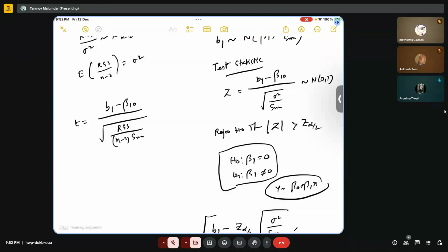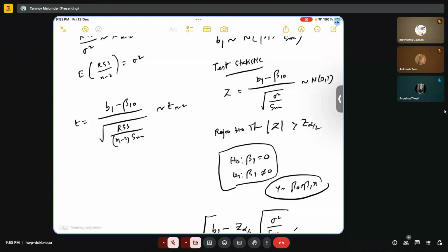So that term will follow the t distribution, and its degrees of freedom will be n minus 2, because we have n minus 2 degrees of freedom for the residual sum of squares. So its sampling distribution will also follow t with n minus 2 degrees of freedom, right?